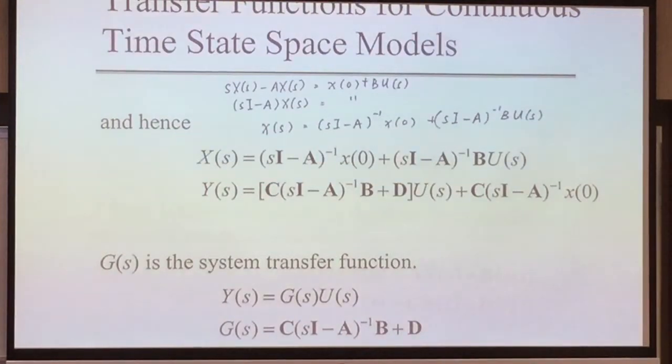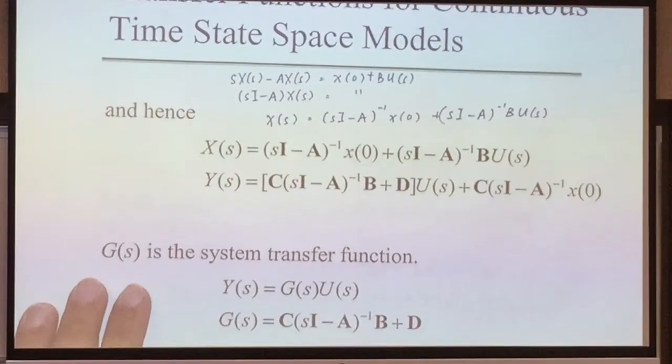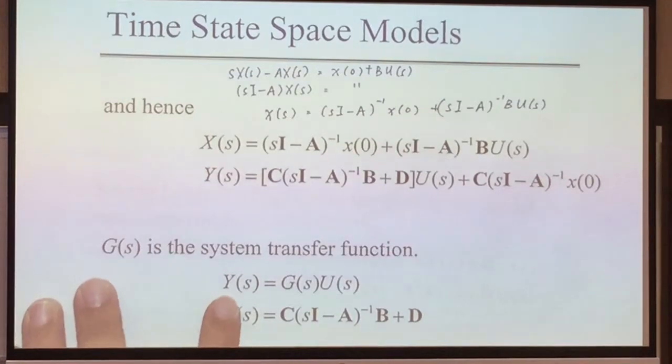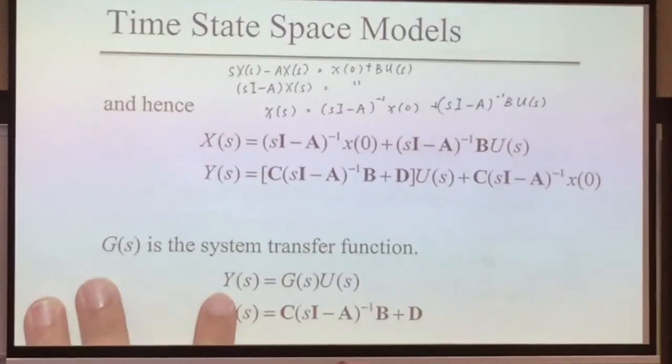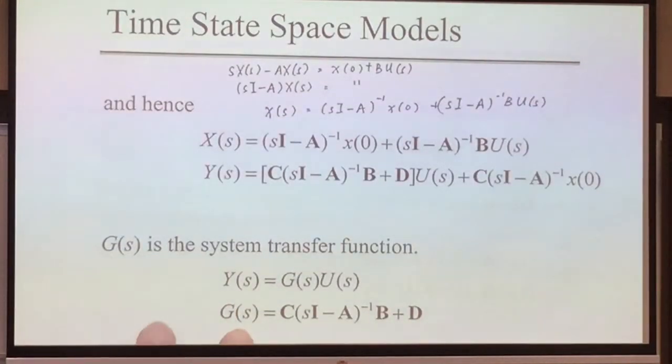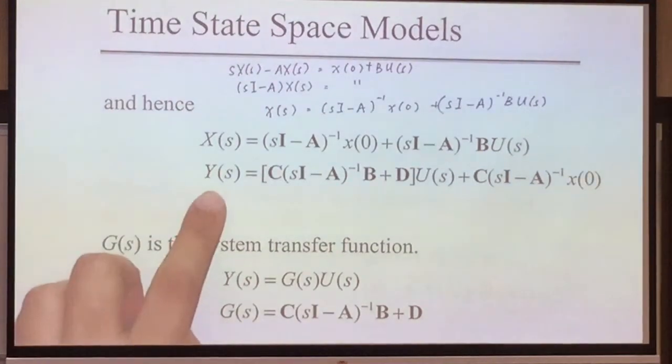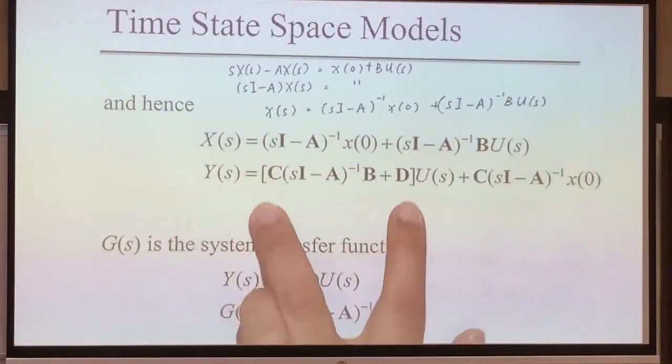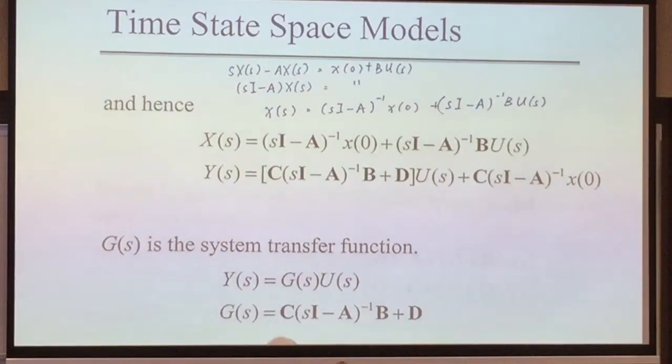Okay? And because you know that G(s) is the system transfer function, G(s) is Y(s) over U(s). Basically G(s), Y(s) divided by U(s), is this part: C (sI minus A) inverse B plus D.